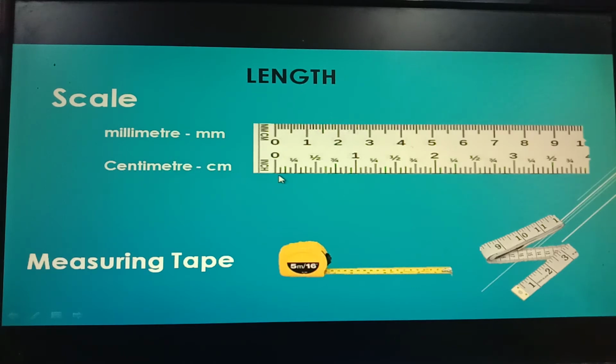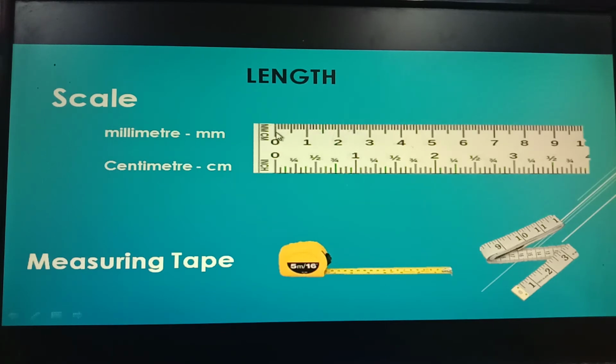Now you can see 0 to 1 is 1 centimeter, 1 to 2 is another centimeter. From 0 to 2 we will count it is 2 centimeter. And millimeter means between 0 to this line small lines are there, so these are called millimeters.